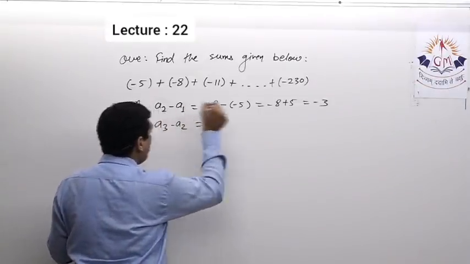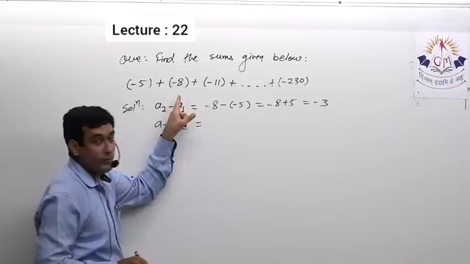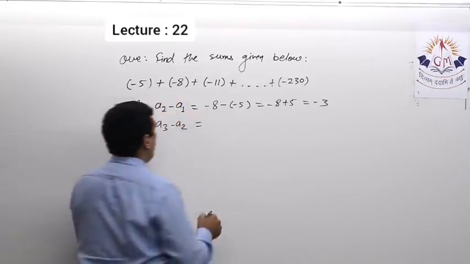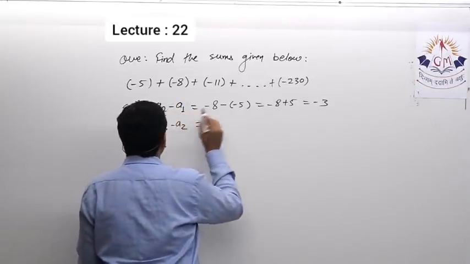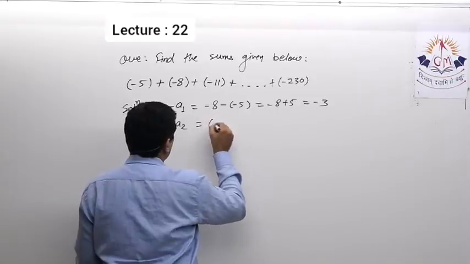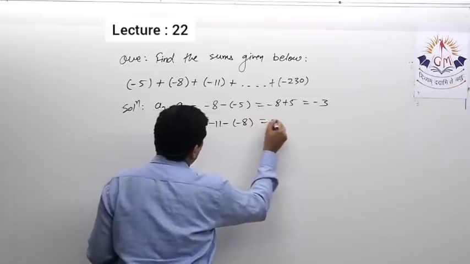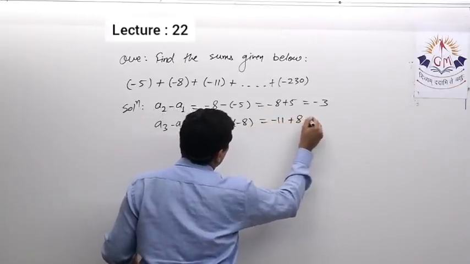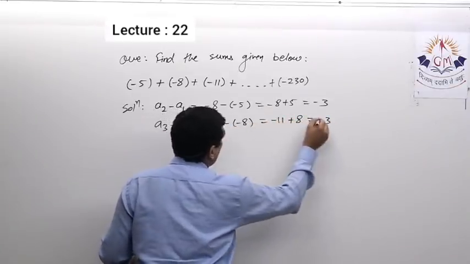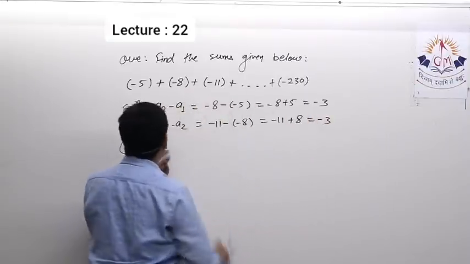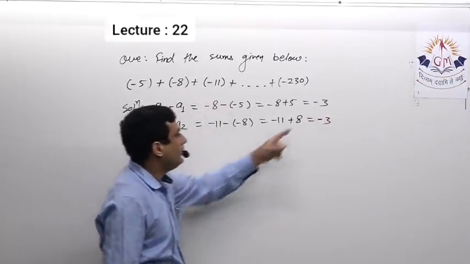So here again we do this because it is not given whether the sequence is an AP or not. So A3 minus A2, so minus 11 minus 8, that is minus 11 plus 8, minus 3. Okay, only 3 terms are given, so we will check up to that. These two are same.